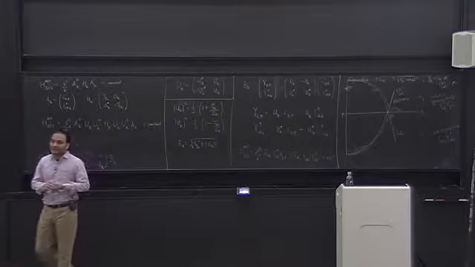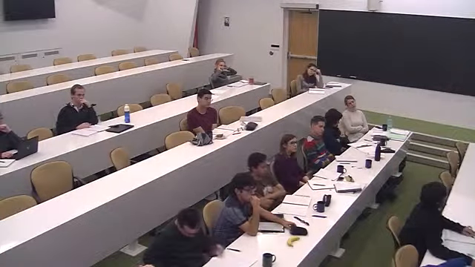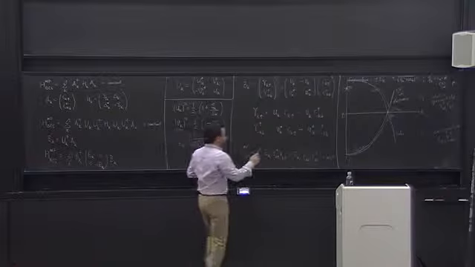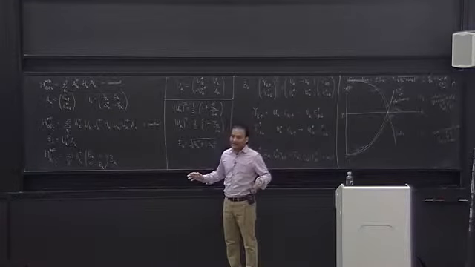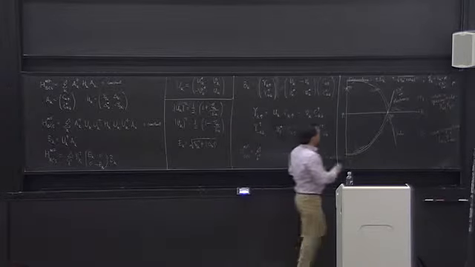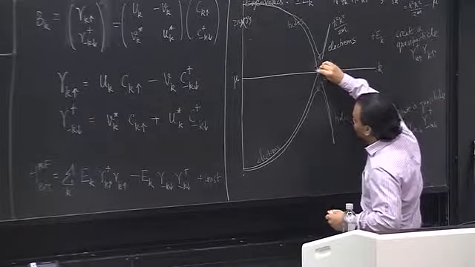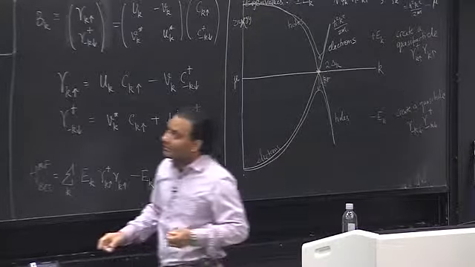Yes? So is only the bottom band going to be full in the ground state? So in the ground state, that's a very good question. In terms of these new operators, the ground state has no quasi-particles at all. So in this picture, the ground state is denoted by this here. No quasi-particles at all. So actually, that's a good question.